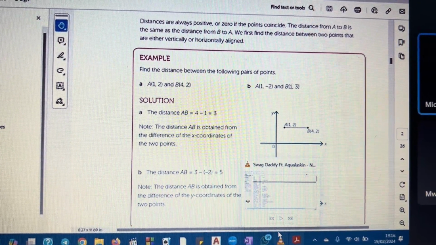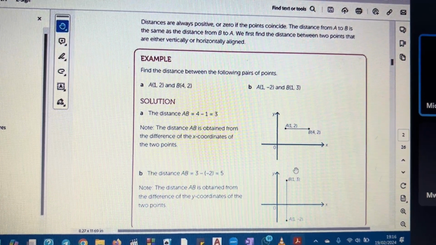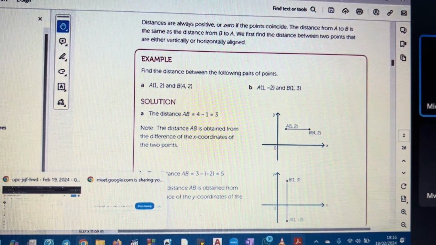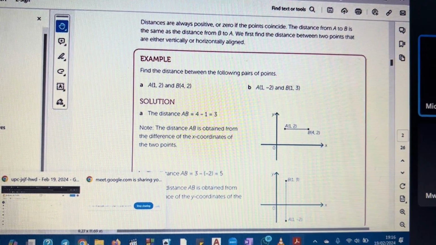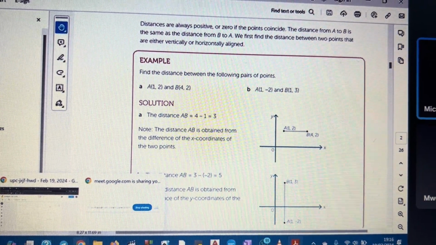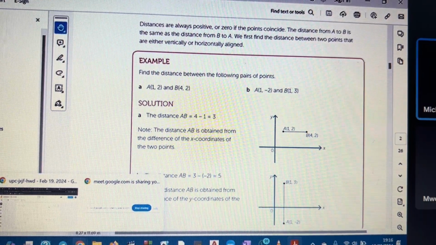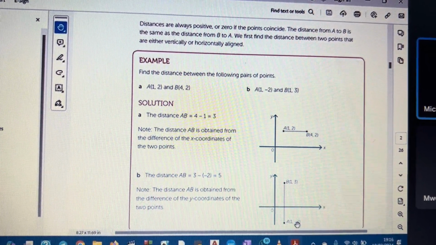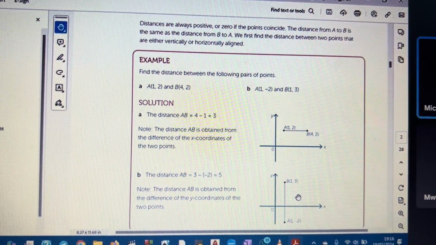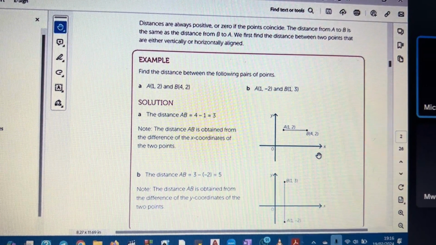We know that going up is positive and going down is negative. Positive numbers increase as you go up, negative numbers decrease as you go down. So in this case, the bigger number between 3 and negative 2 is 3.